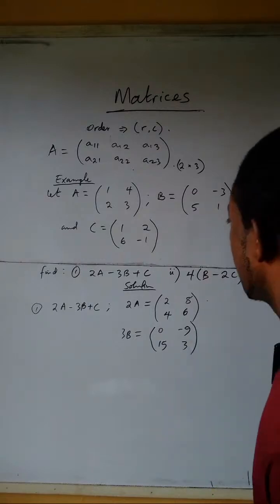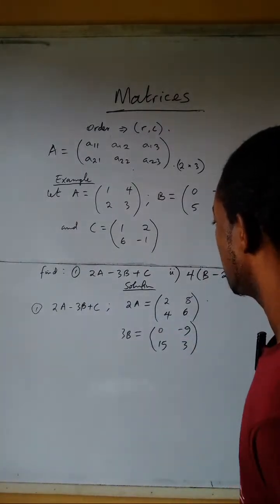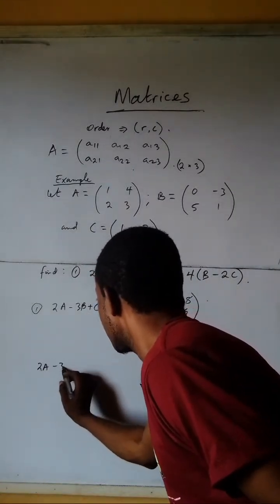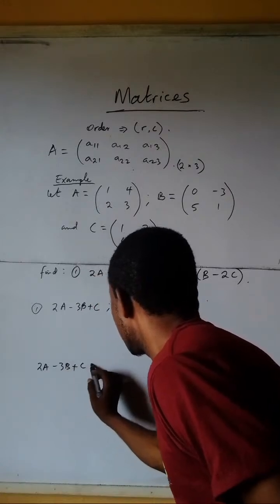Then we have plus C, which implies that what we are finding here, which is 2A minus 3B plus C, we can now write it.